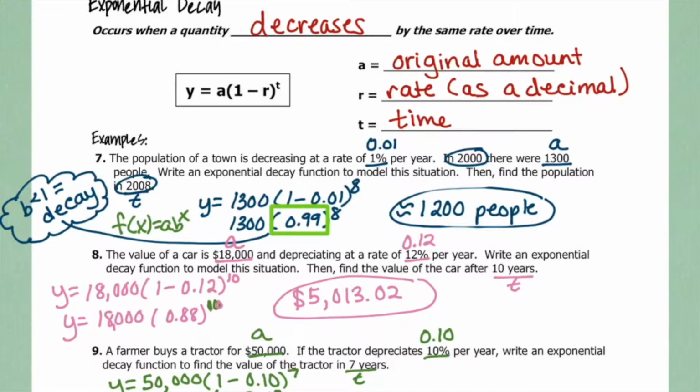Then we put 0.90 into our calculator, raise it to the 7th power, hit equals, and times it by 50,000. And you get $23,914.85. So it's actually going to be worth less than half of what you paid after 7 years. So everything depreciates in value as soon as you take it home.